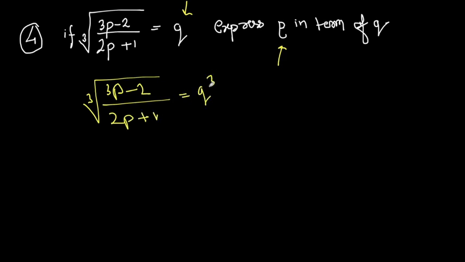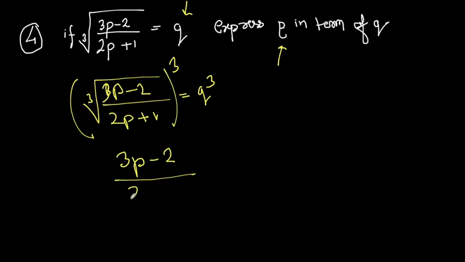Now let's take the cube on both sides. If you take the cube on both sides, you will get rid of this cube root, so you will finally get 3p minus 2 over 2p plus 1, which is equal to q cube.